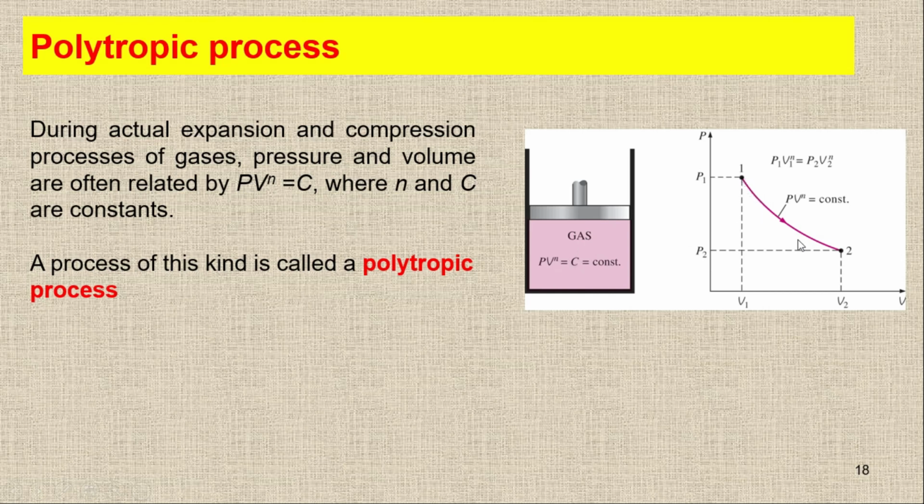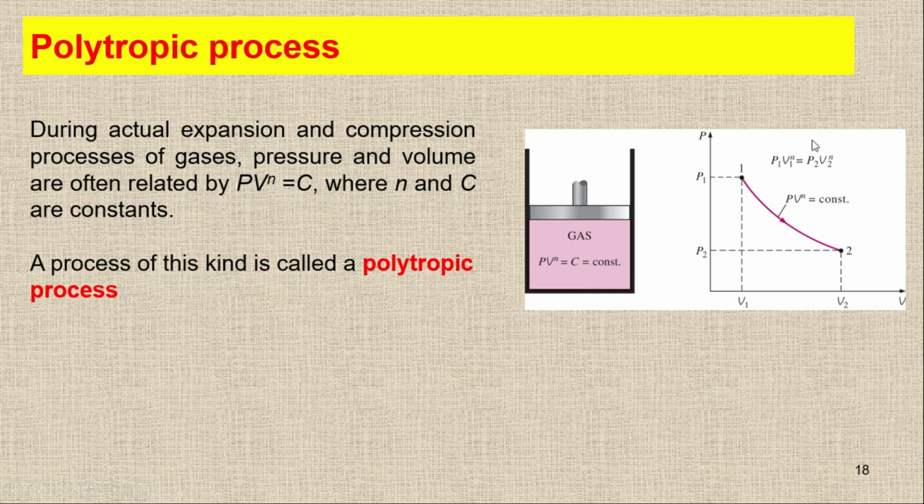So you can see there is an expansion process. During a polytropic process, PV^n equal to c. So we have P1 V1^n equal to c, so it should be equal to P2 V2^n as well, because c is constant. So I can simply equate P1 V1^n equal to P2 V2^n.